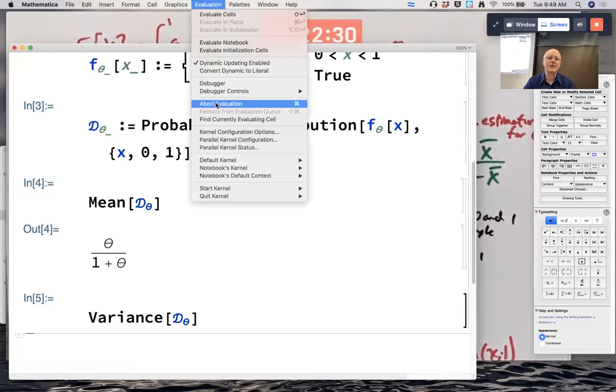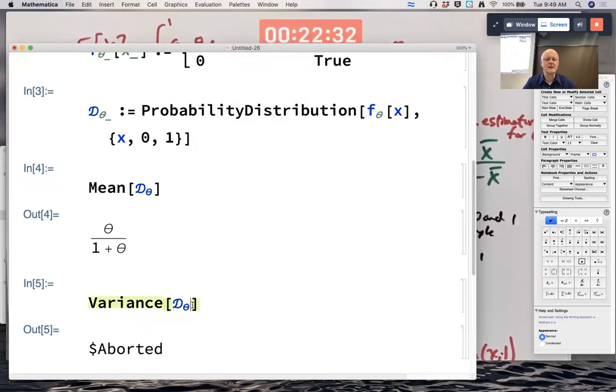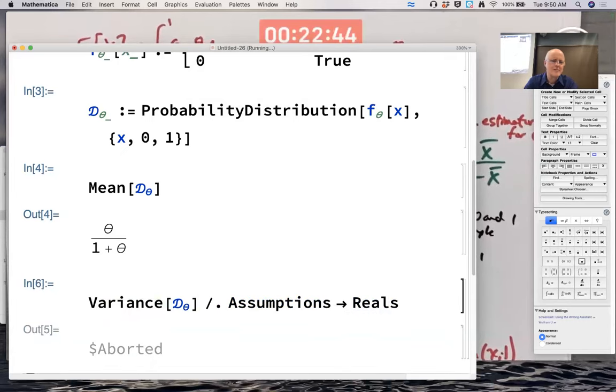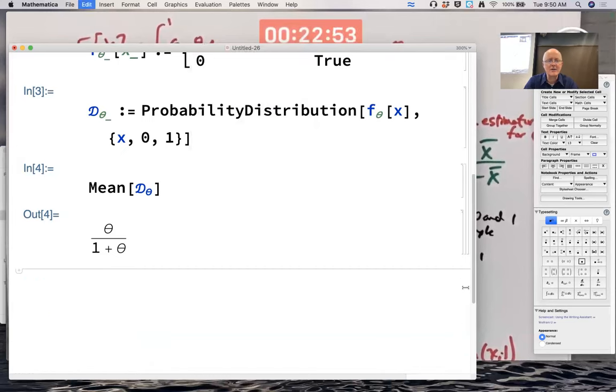All right, let's go ahead and abort that. Sometimes when you add something like this here, although I forget the syntax, assumptions, reals perhaps, might make Mathematica assume theta is real, but it looks like that's still stalling. Okay, I'll go ahead and compute the variance with integrals. It can do it with integrals.